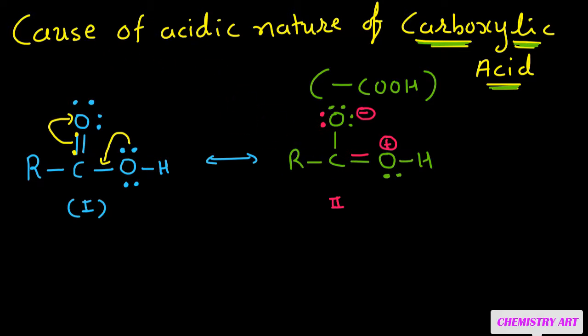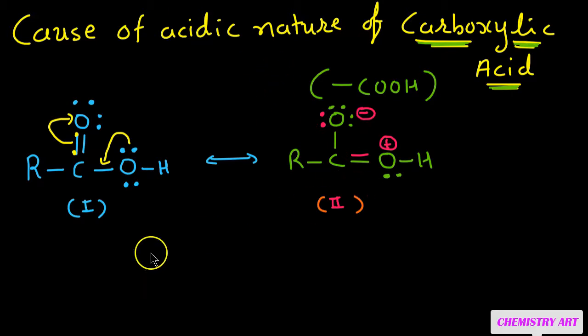So now I can draw the third structure here, and in this structure we will see how this second structure will convert into the carboxylate ion and H+, and that's why the COOH is acting as an acid, because we should know what an acid means: H+ released from any compound is known as an acid. Let me draw the structure over here.